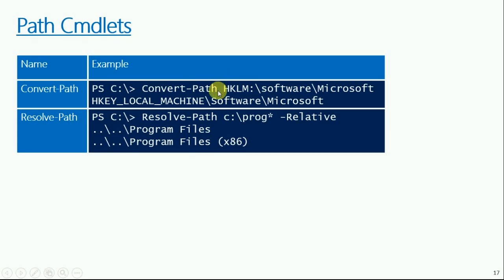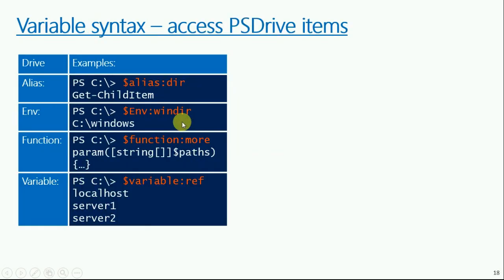You can see here that we have HKLM, which is the short form of HKEY_LOCAL_MACHINE. If you use Convert-Path, that will get expanded. And after that we have Resolve-Path. Here I have used a wildcard character, so it has converted this wildcard into a relative path. And at last we have some variables.